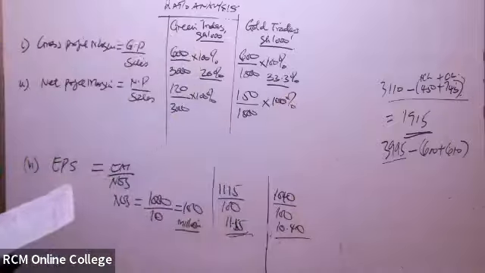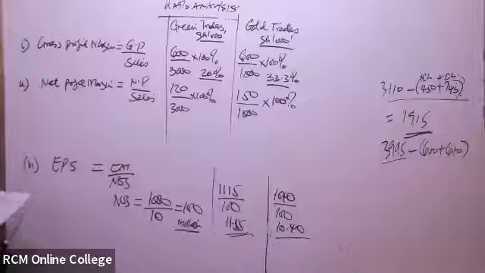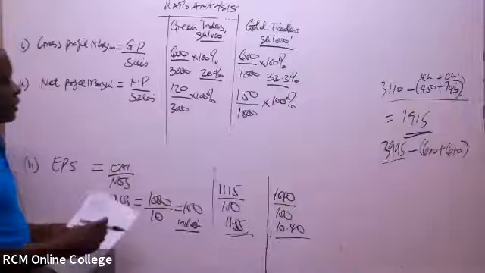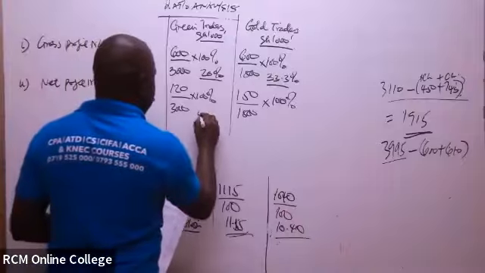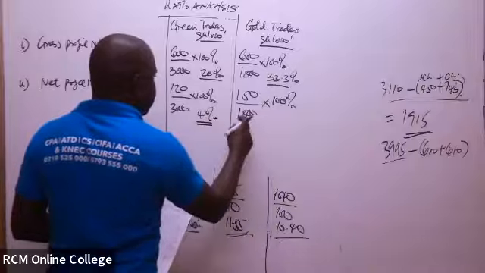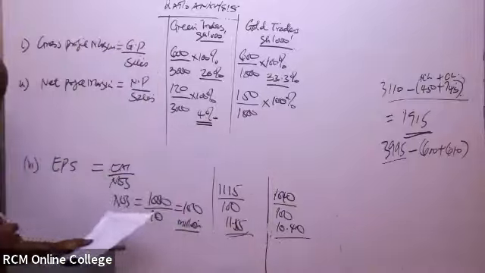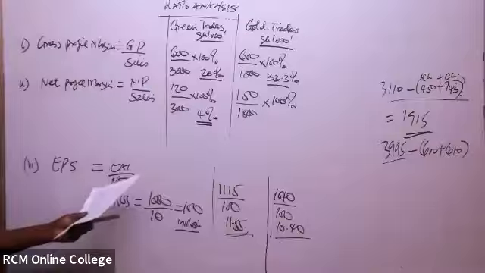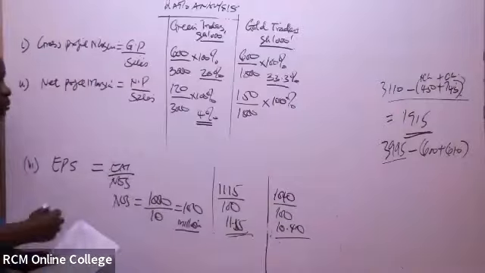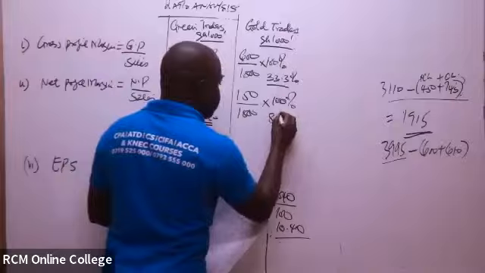What do you get for Green Traders? It's 4%. What about the other one? 8.33%.